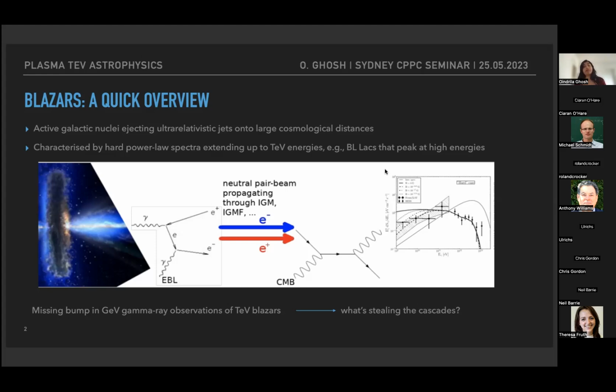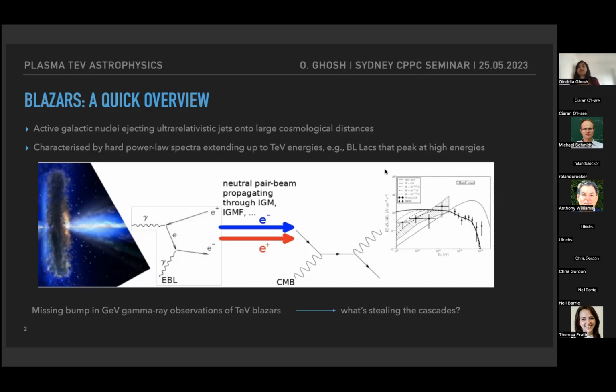And these pair beams would propagate large cosmological distances, well into the cosmic voids from the centers of galaxies. And in this process, the electrons and positrons in these pair beams would interact with the CMB photons and undergo inverse-Compton scattering, and therefore we expect to see this GeV cascade.